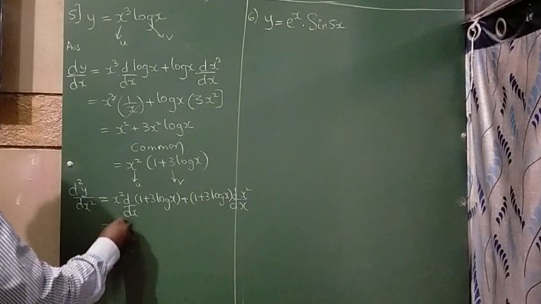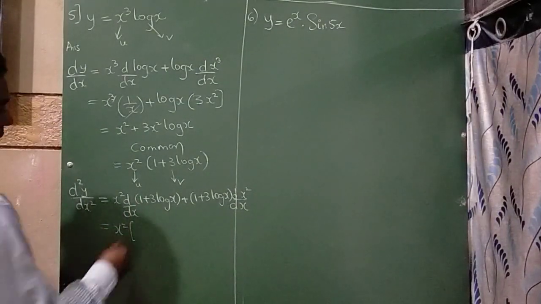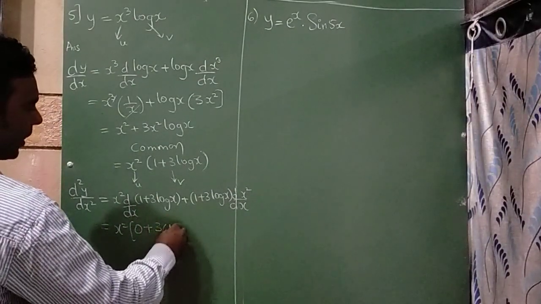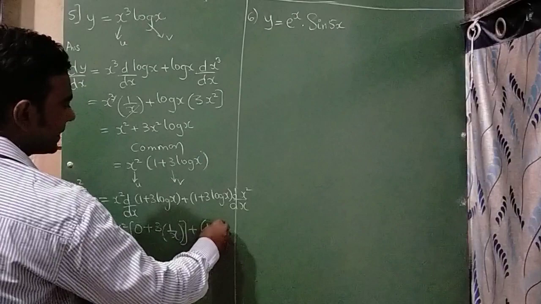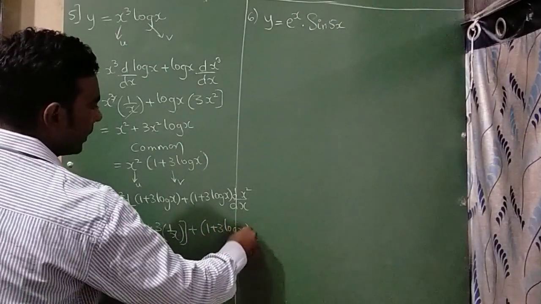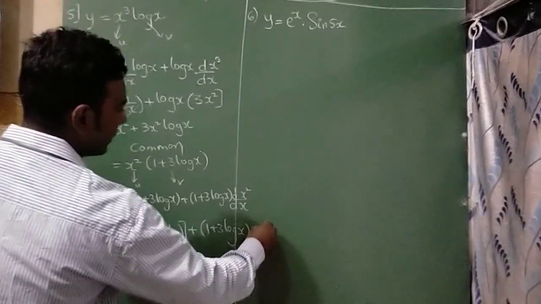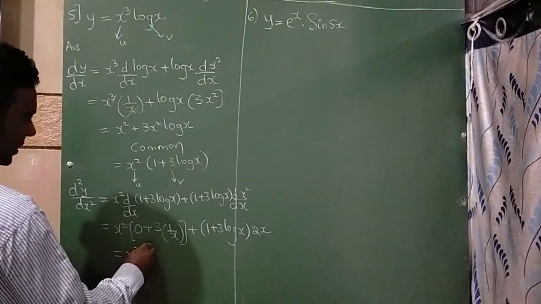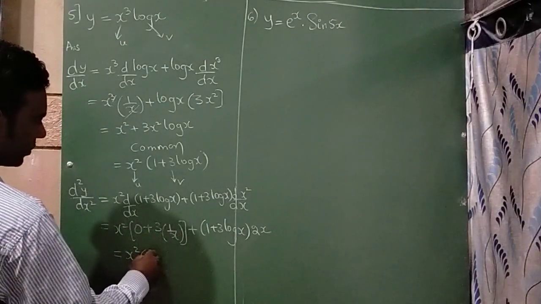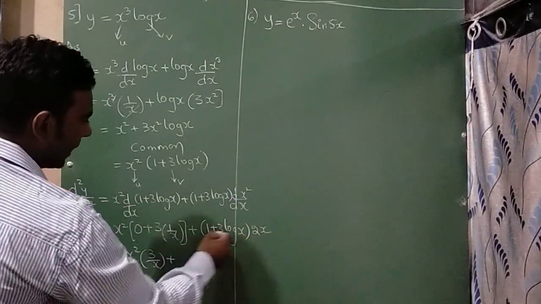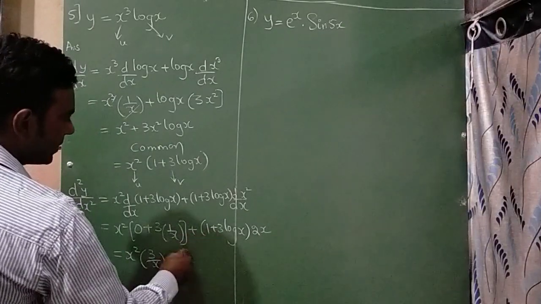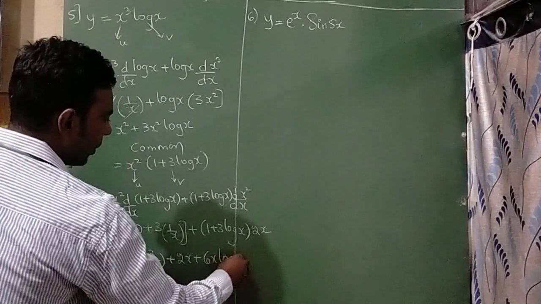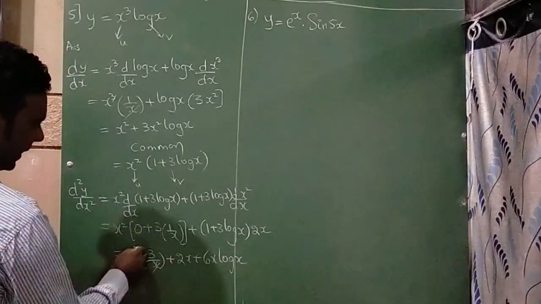Okay, so x square, since 1 is a constant, it will become 0 plus 3 d by dx of log x is 1 by x, plus write this as it is, and d by dx of x square is 2x. Fine. Now what I am going to do is x square. Now 3 ones are 3, so 3 by x plus multiply this, 2 into 1 is 2x plus 3 2s are 6x log x.